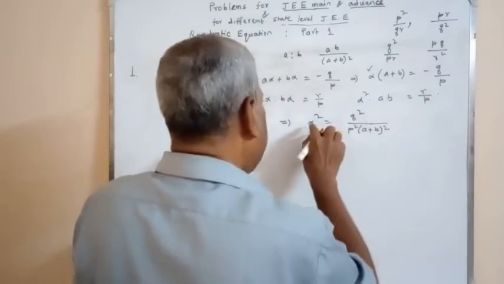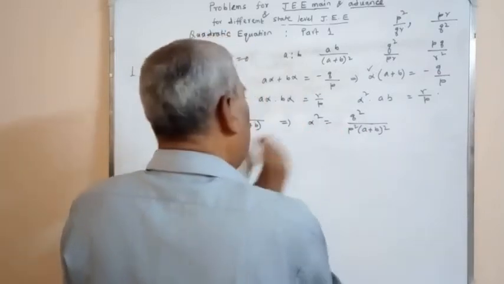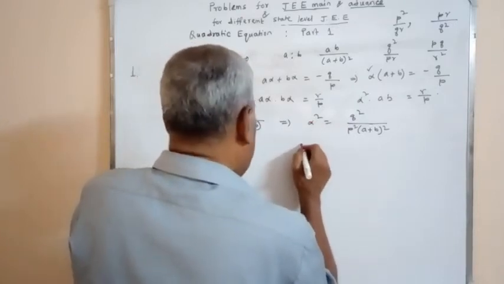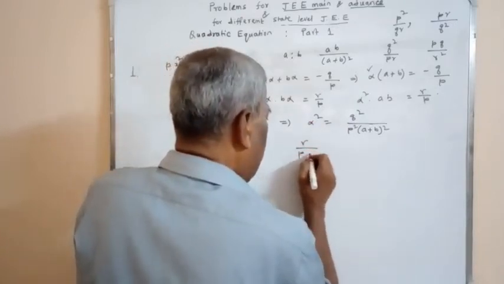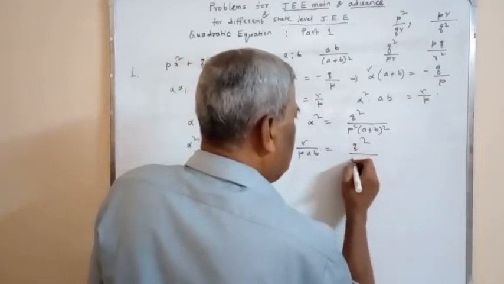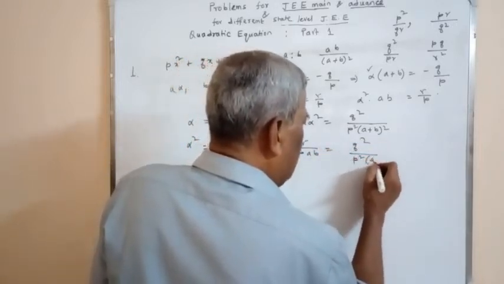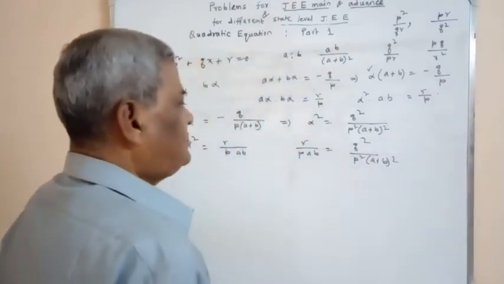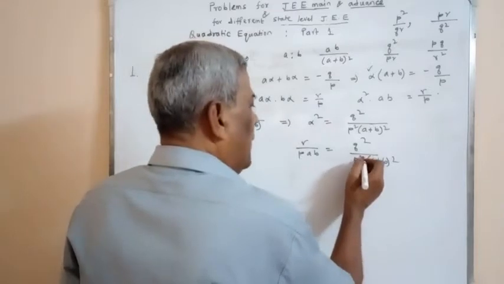Now putting the value of alpha square, r by (p ab) is equal to q square by p square into (a plus b) whole square. One p cancels.